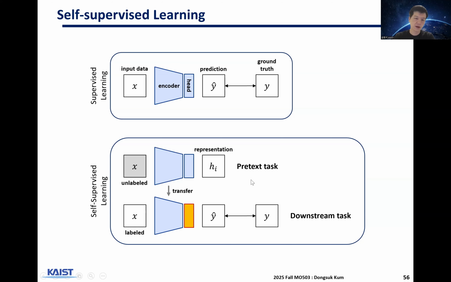By doing this, you can learn this representation, the feature set, and then you can put your downstream tasks and then fine tune or post train to achieve a high performing network using labeled data.